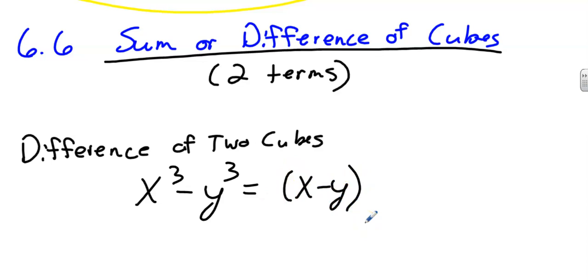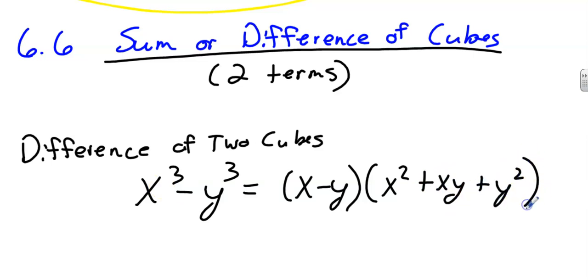We're going to take, if it's x cubed minus y cubed, it's going to be just x minus y. We've got x squared, so if we do x times x squared, we'll get the x to the third for this part. And we're going to have plus xy and then plus y squared.